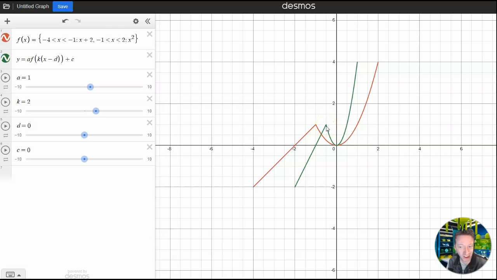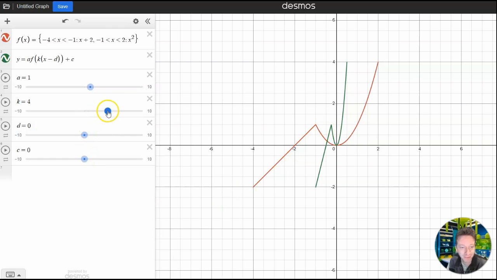So we have to take our x value and divide it by 2, or divide it by whatever k is. If k is 4, looks like we went from 1 to 1/4, or -1 to -1/4. So all we have to do is divide the x-coordinate by k to figure out what the new x-coordinate actually is.